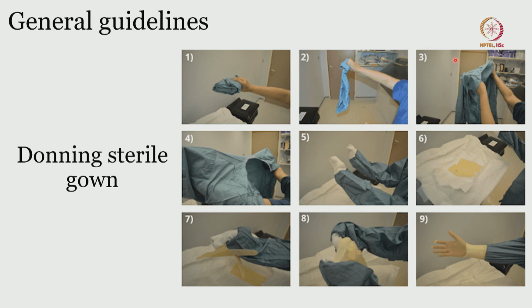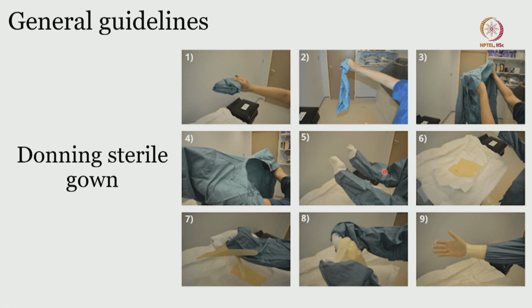Then you insert the hand into the sleeve following the same inner surface, and of course your assistant can pull it back until your hand reaches the area. Then the ties are provided behind your back, so your gown is ready to use.